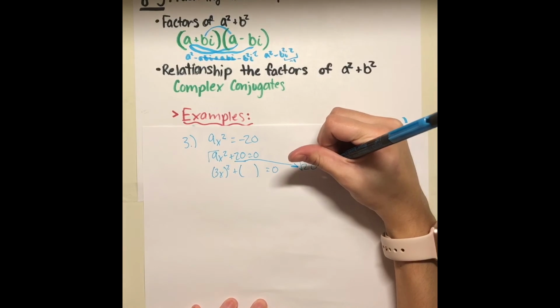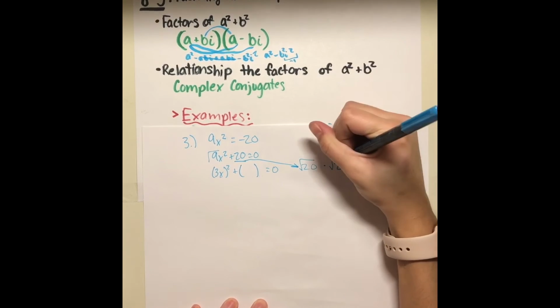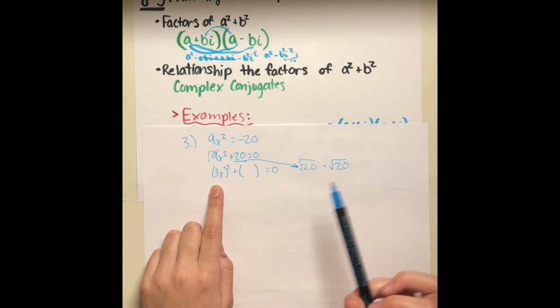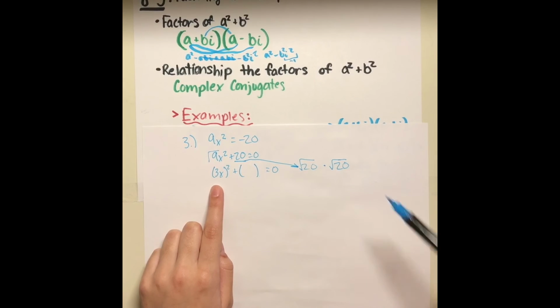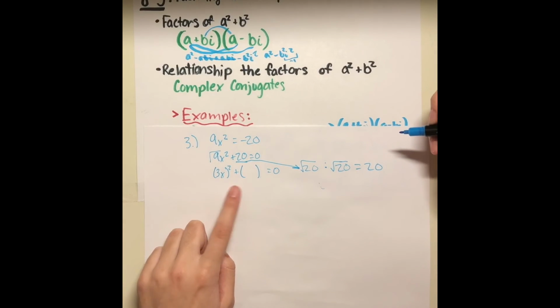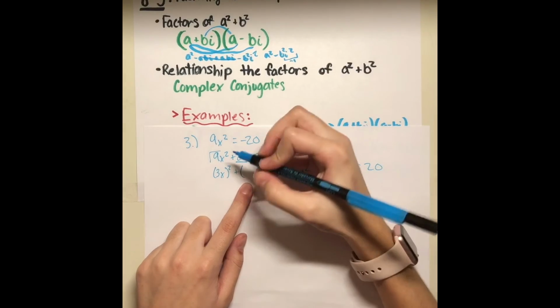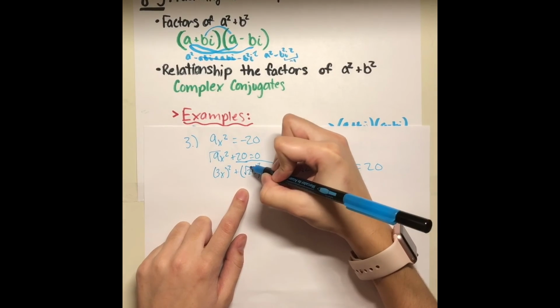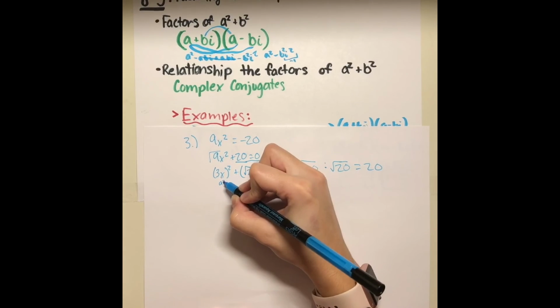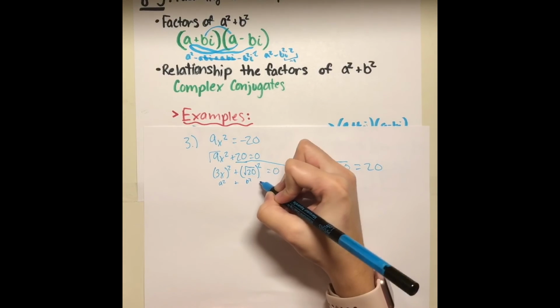But if we multiply it again by square root of 20, like we're doing 3 times 3 equals 9, square root of 20 times square root of 20 equals 20. So here we can put the square root of 20. And this is now in the form of a squared plus b squared equals 0.